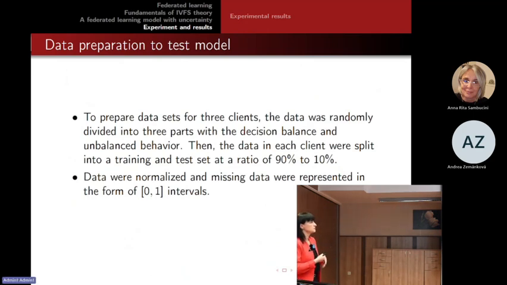To check the creation of the federated model, we prepare three clients. We randomly divided our data into three parts, and in the first step we divide with balanced decision for each, but we also check, of course, unbalanced behavior for two of these three clients, and we will observe our results of using the federated model.